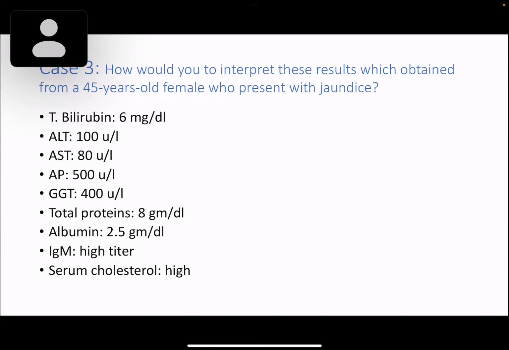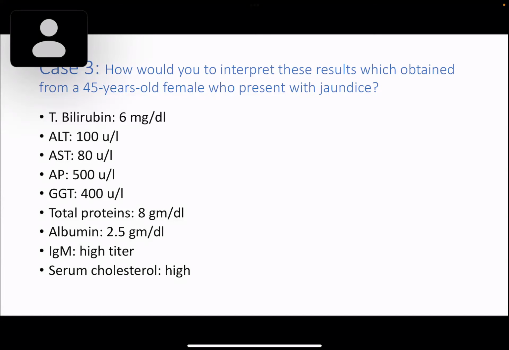Which autoantibody is specific? What further investigation should be done for this patient to confirm your clinical suspicion of primary biliary cholangitis? Further lab test, important lab test. Yes, you have to screen for anti-mitochondrial antibodies.